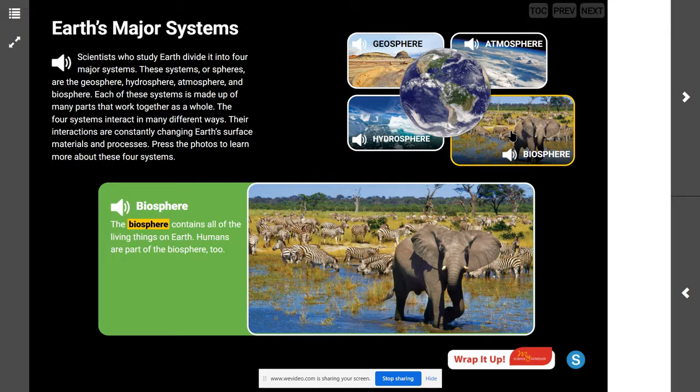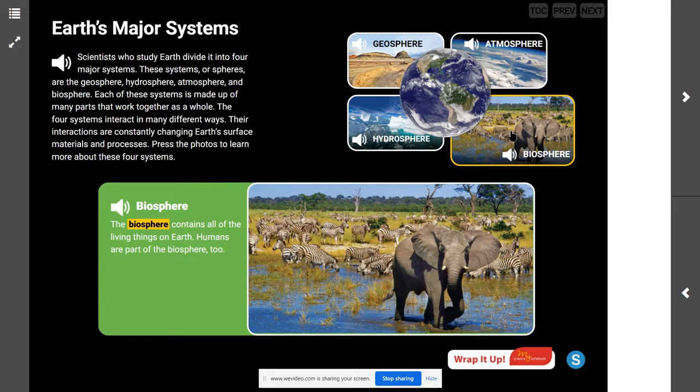When the Earth's systems interact, they have an effect on one another. Earth's systems interact in many different ways. All the living things on Earth depend on water to survive. Many living things on Earth live in the ocean, rivers, and lakes of the hydrosphere. So the biosphere and the hydrosphere interact because they need each other to survive.